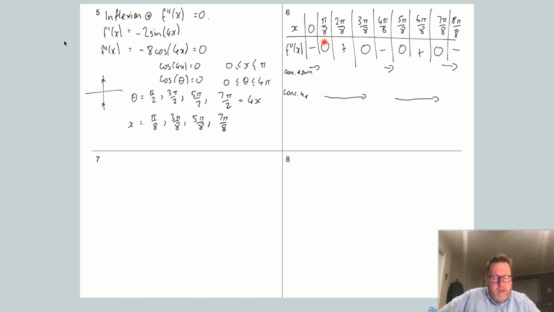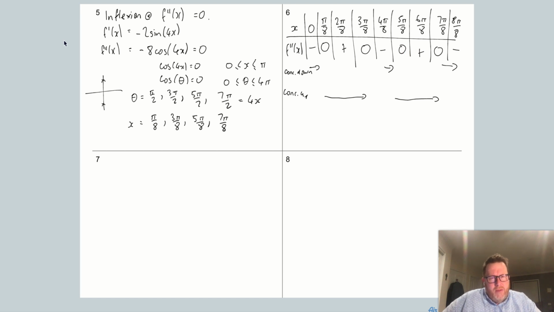So if there's an inflection point here and an inflection point here, then everything in between must be concave up, and everything between here and here must be concave up as well.